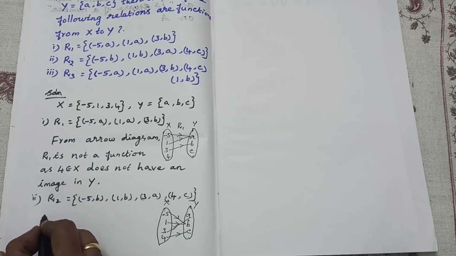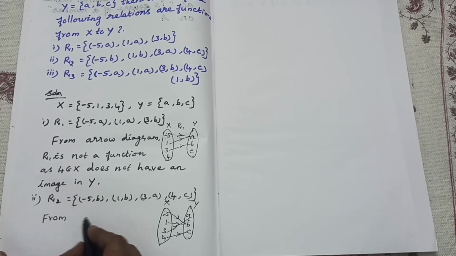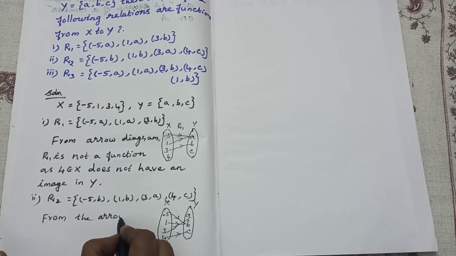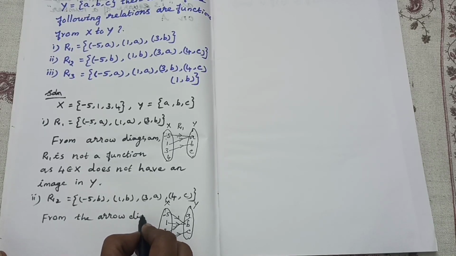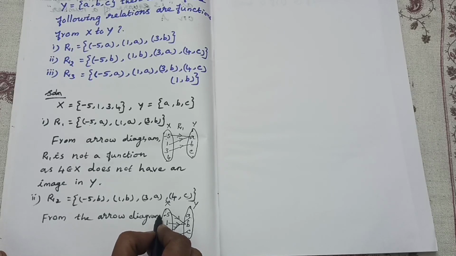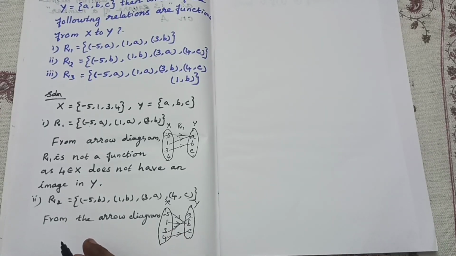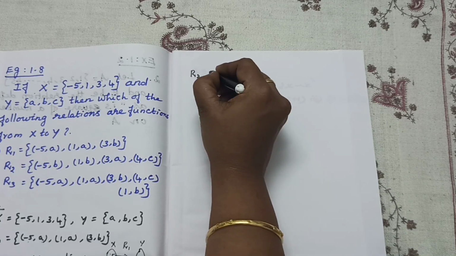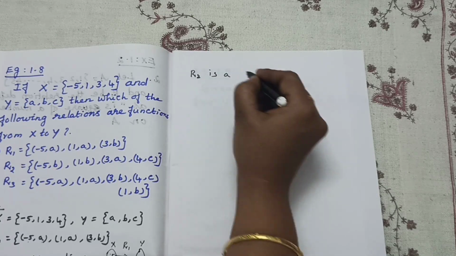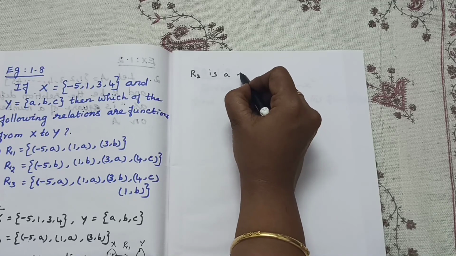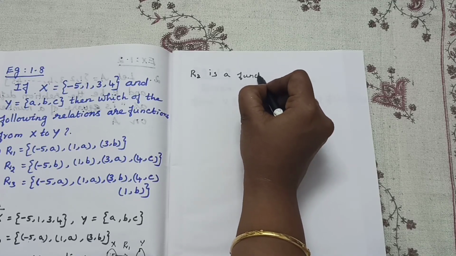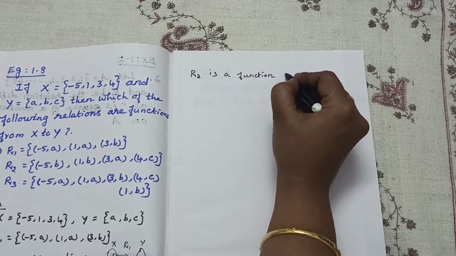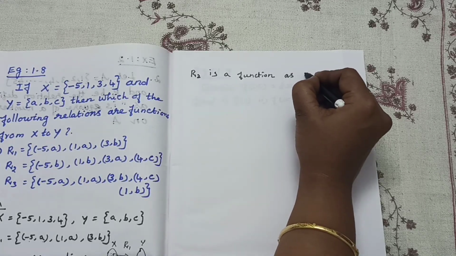From the arrow diagram, R2 is a function. R2 is a function. What's the condition for a function?